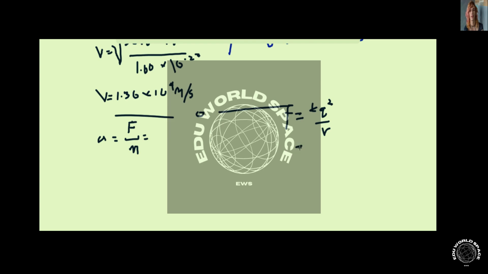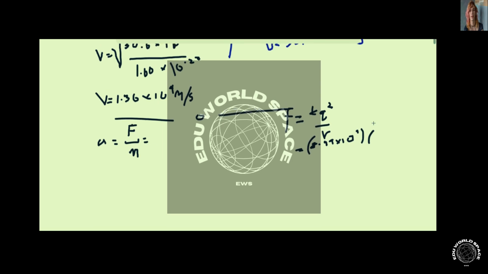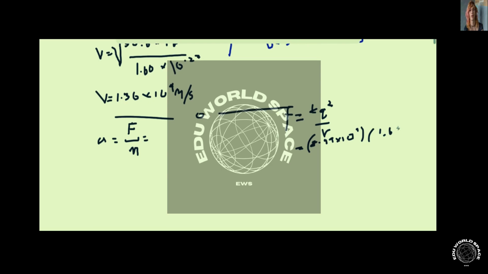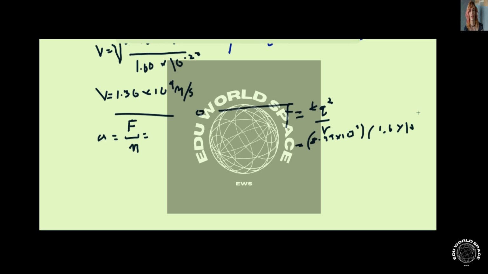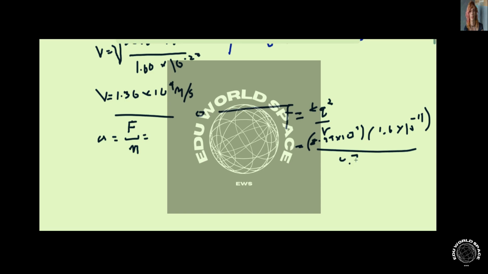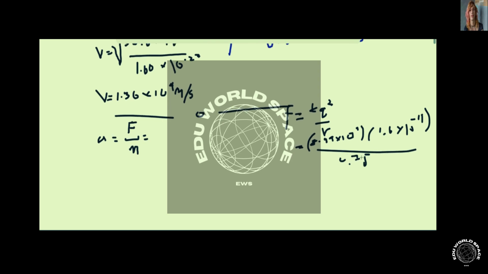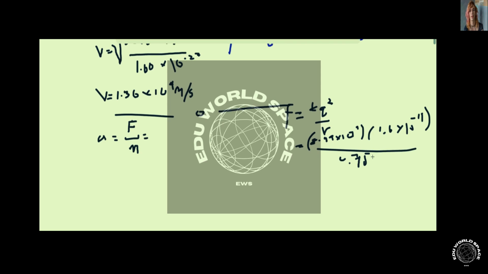We know that this is equal to 8.99 times 10 to the 9 times the two charges, which is 1.6 times 10 to the negative 19, over the radius, which is 0.75 times 10 to the negative 9, squared.